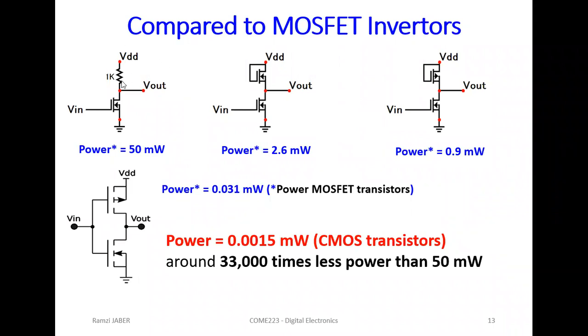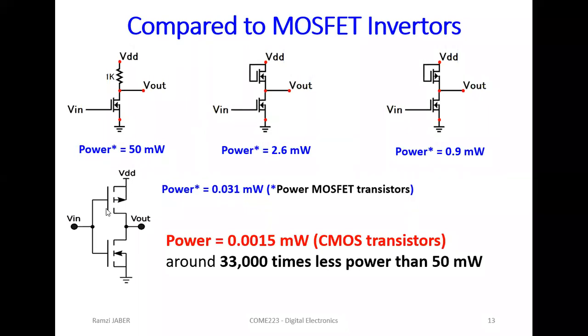Here we use resistor. We replace resistor by diode connected transistor here or here. We decrease the size and we decrease the power. Okay, but in the golden rule of CMOS, the input must enter both of the transistors, like here, where we replace the diode connected transistor by PMOSFET.